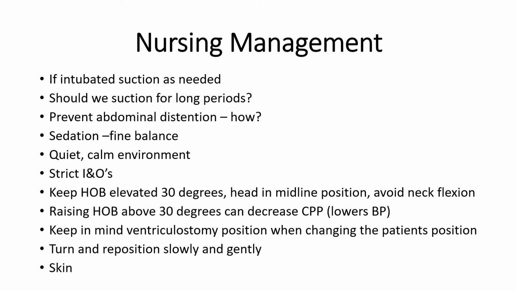So very slow position changes, slow head turning, really minimizing head turning at all, keeping the neck and head in a midline position, head elevated 30 to 45 degrees. Raising the head of the bed above that 30 to 45 degree mark can actually decrease cerebral perfusion pressure. So that is something to keep in mind.